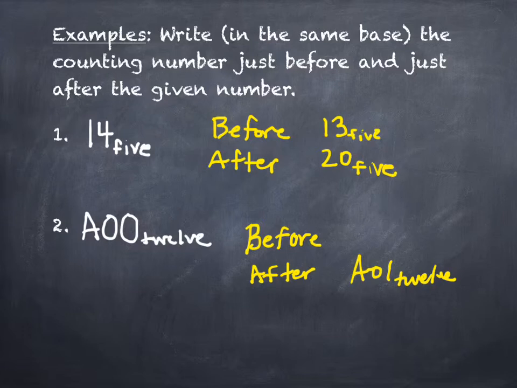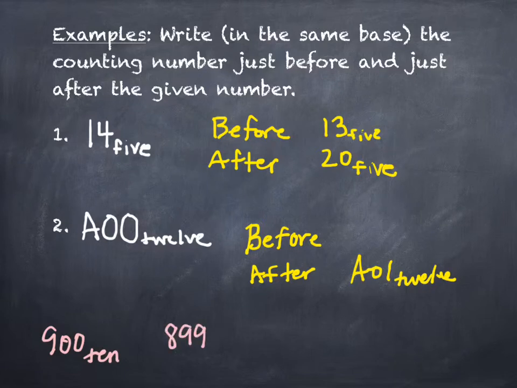Why don't we turn it into something that we understand and feel more confident in doing? Let's just pretend that that didn't say A00 and it wasn't base 12. Let's pretend it said 900 and it was base 10. What's the number before 900? Okay, so this is not the same problem, but it is a similar one. We'd have 899.